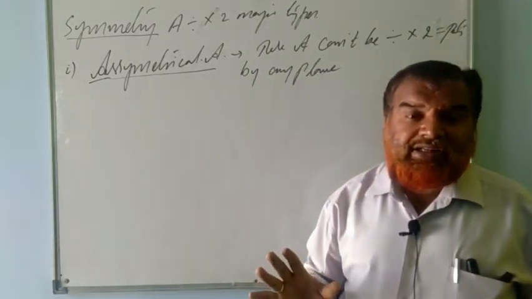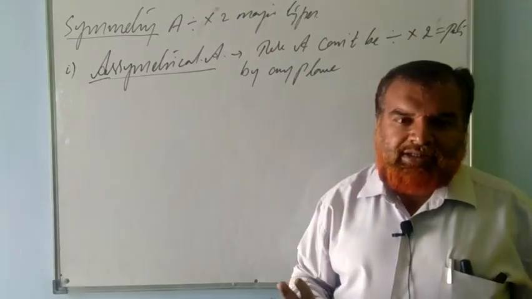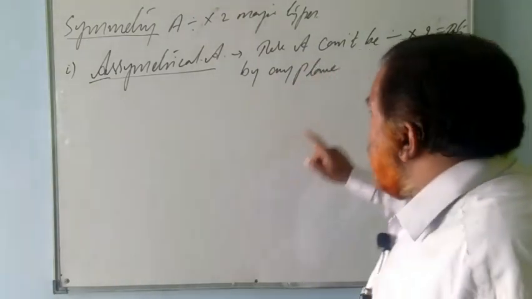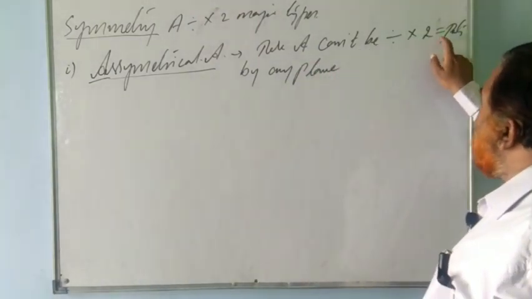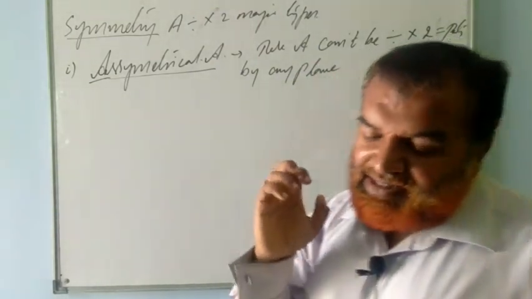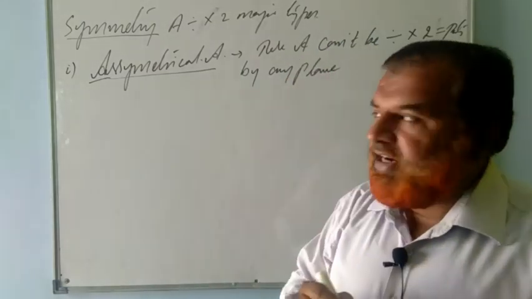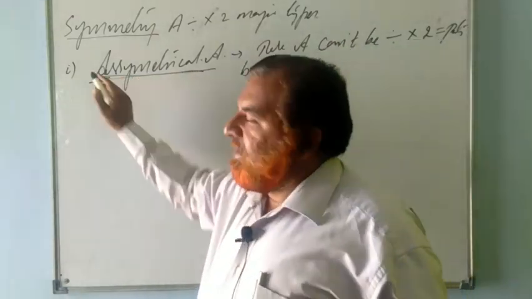If you cut the animal, you get two parts, but what we are saying here is they cannot be divided into equal, similar, identical parts. Such animals are referred to as asymmetrical animals.